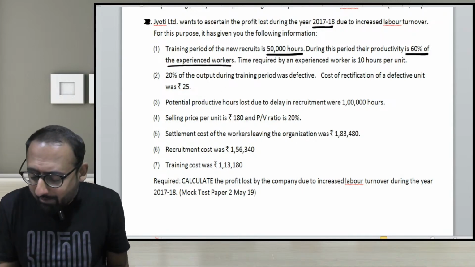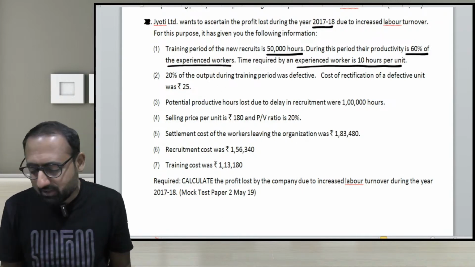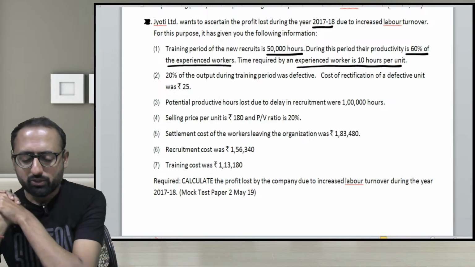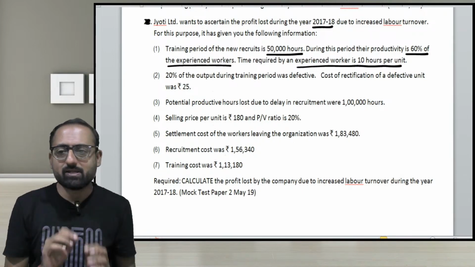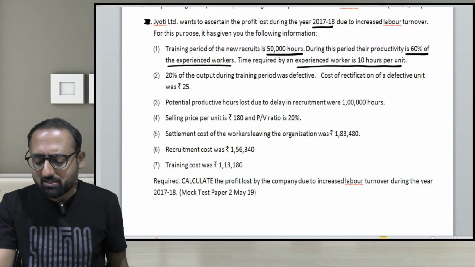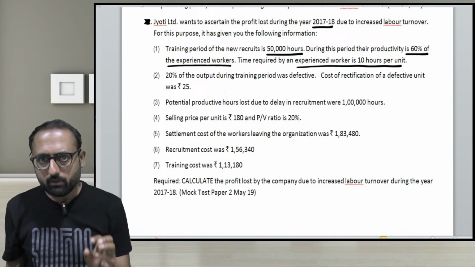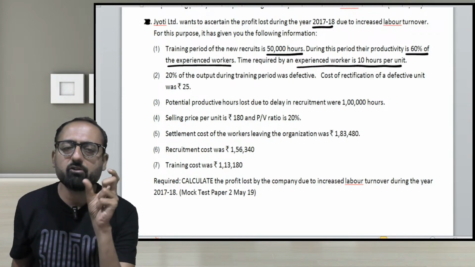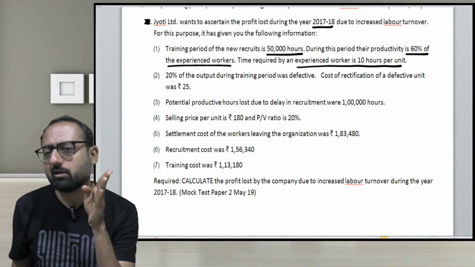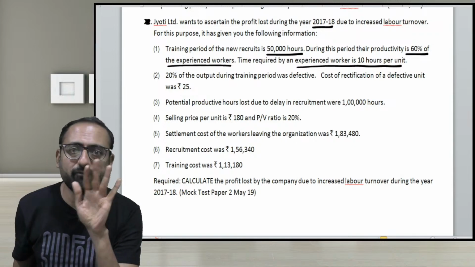The time required by the experienced worker was 10 hours per unit. Now let's see, guys. In 50,000 hours, training was there. In that, the worker trained about the production, but the speed of production was very low. Speed was only 60% of the efficient worker.